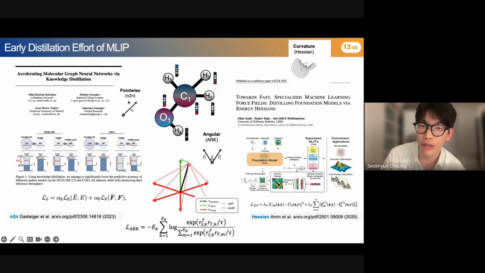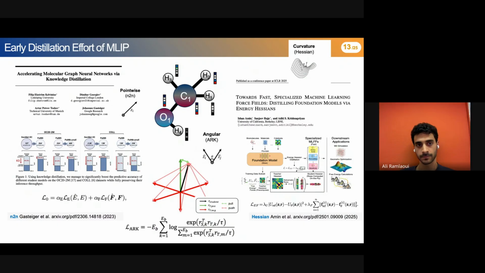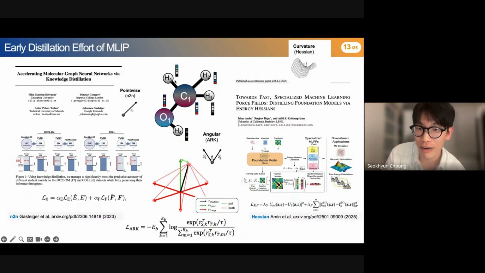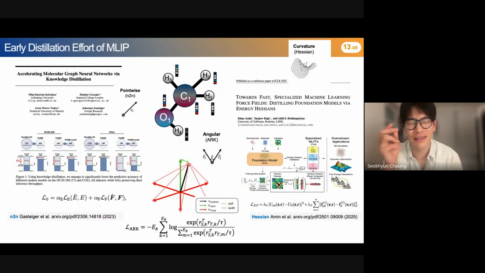The point-wise end-to-end loss is the matching between node and node, teacher node versus student node. In this case, what I matched is the node-to-node vector. That's why we call it angular. It's not really angular, but that's how we can make it into a kind of relation.